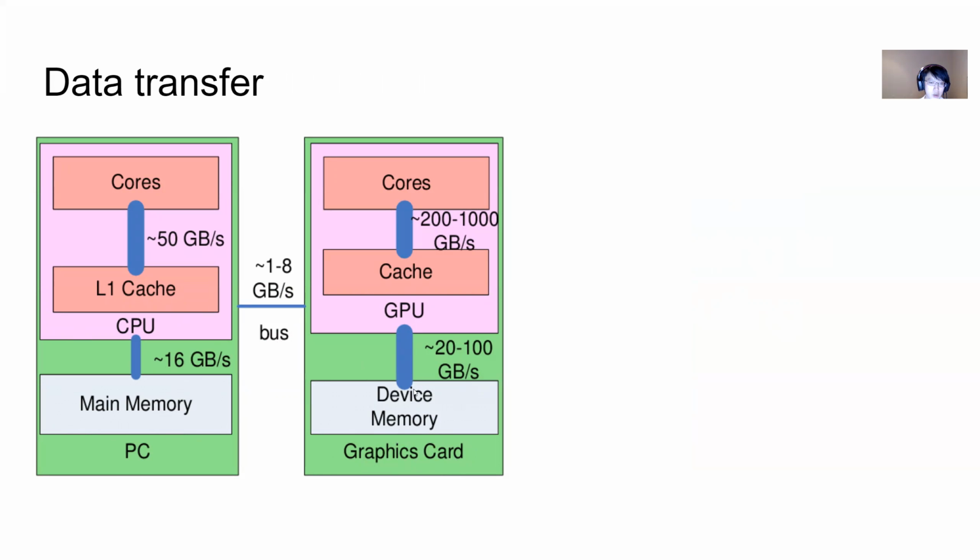For example, when we compute something on the GPU, we need to copy the memory from the PC to the device. And then after we have the result, we need to copy the result from the GPU back to the CPU, back to the main memory, to the PC. This goes over the bus through PCIe.